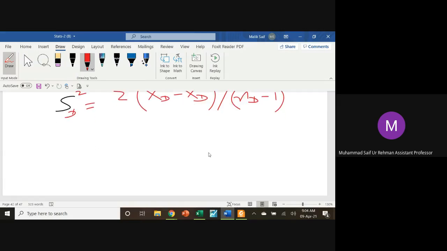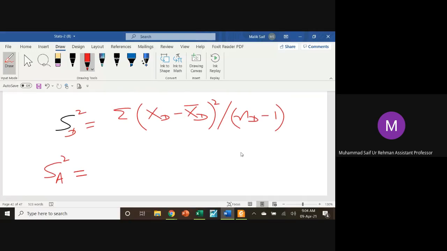Similarly, for SA square, the formula will be the same, simply up to notations: sigma (xa minus xa bar) whole square divided by na minus 1. You have to take care of these braces, otherwise if you are not putting braces with the terms, then there will be problem.